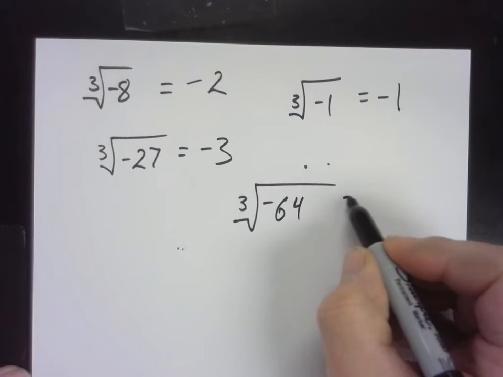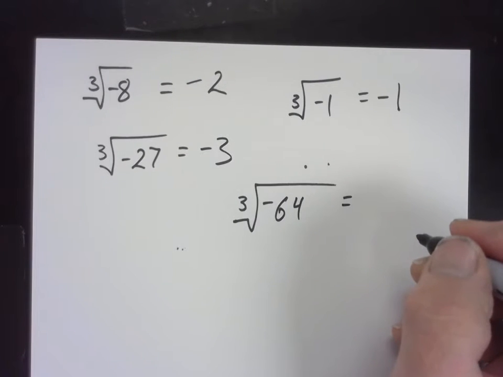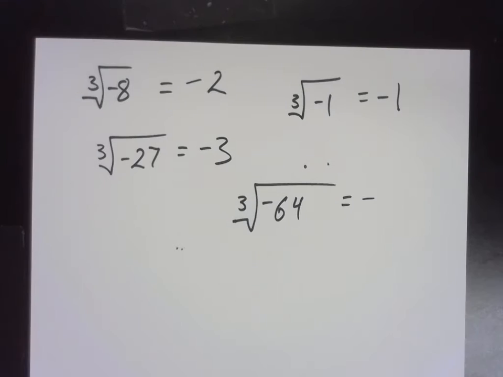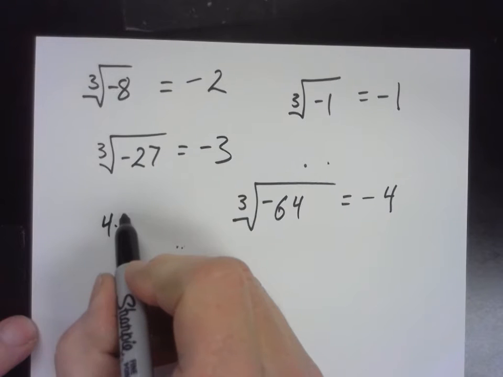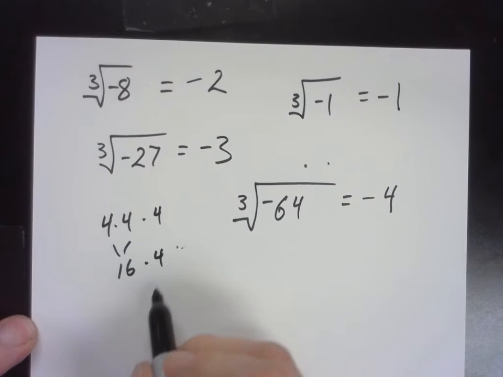It's negative. Right? Yeah, it's got to be negative. Negative what? 4. Everybody do it. 4 times 4, 16. Times 4 more, 16 times 4, 64.